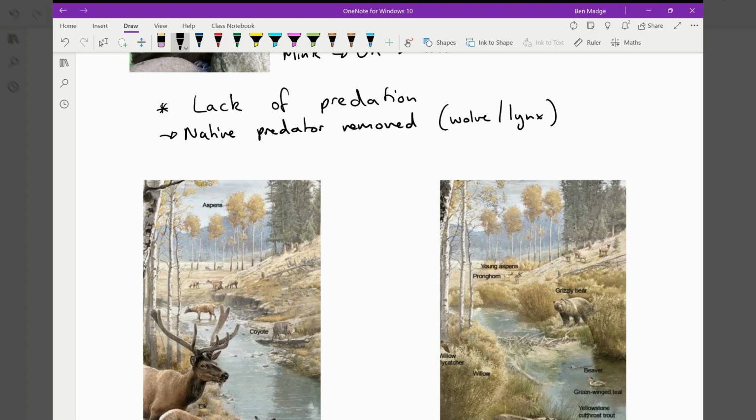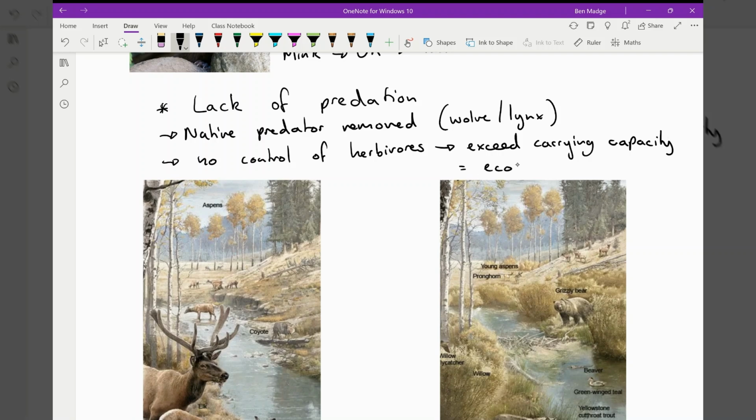If these are removed, there's no control of herbivores, which can then exceed their carrying capacity, and this will result in ecological damage.